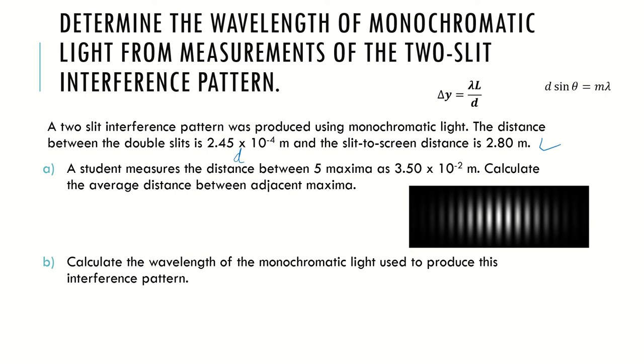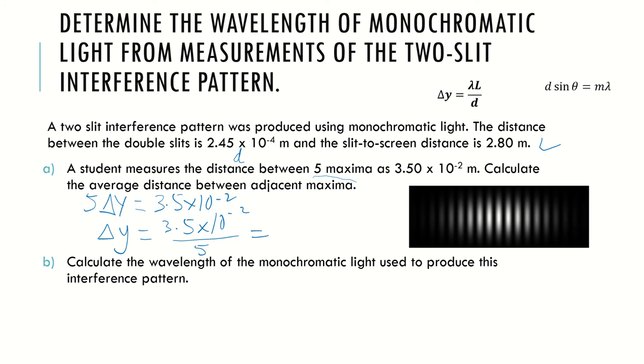So a student measures the distance between 5 maxima. So between 5 lots of delta y is going to be 3.5. So 5 lots of delta y is 3.5 times 10 to the minus 2. So delta y is going to be 3.5 times 10 to the minus 2 divided by 5 to get what delta y is.